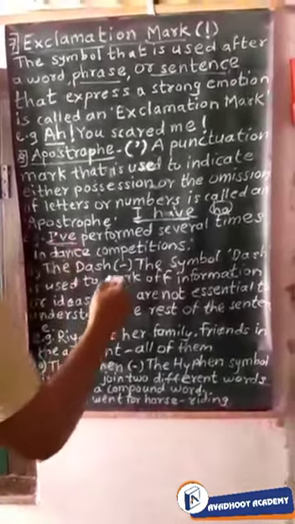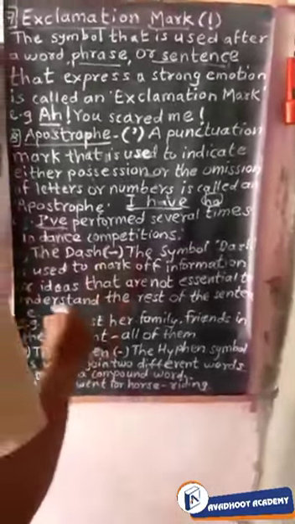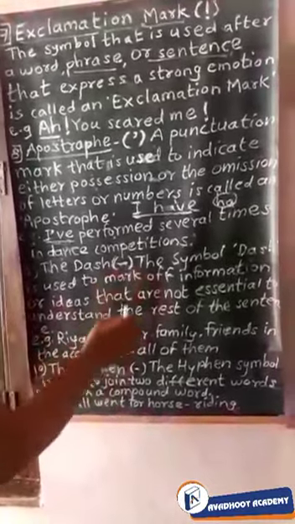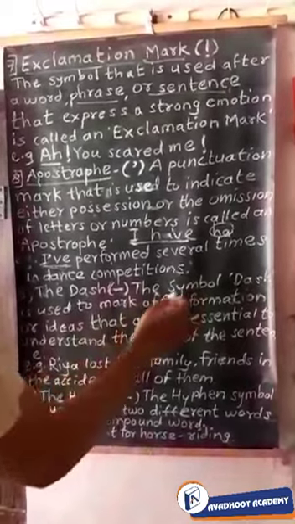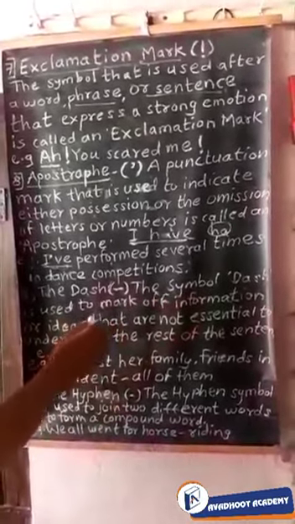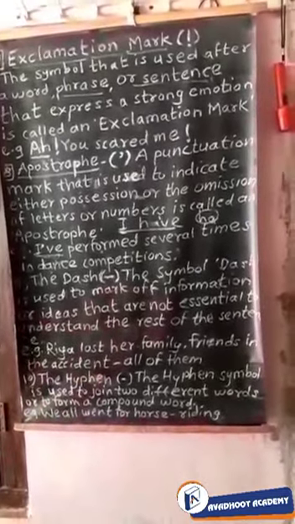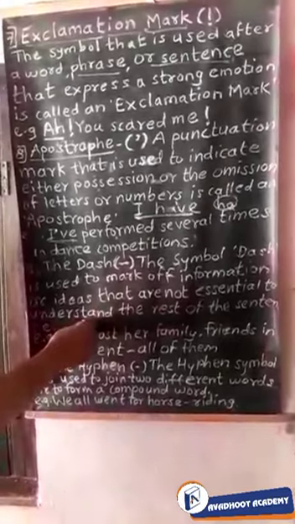Now the dash. The sign of the dash is a sleeping line, a longer sleeping line than the hyphen. The symbol dash is used to mark off information or ideas that are not essential to understand the rest of the sentence.